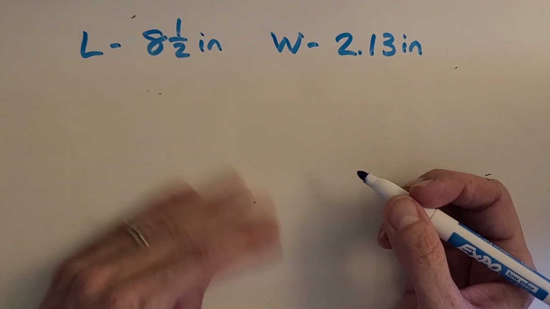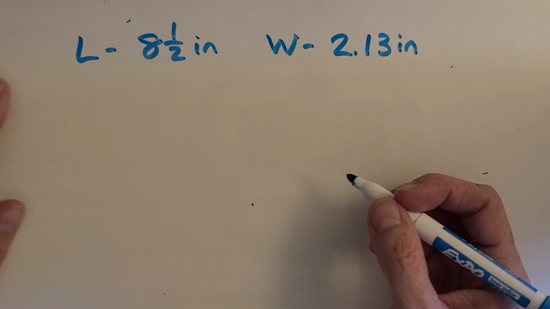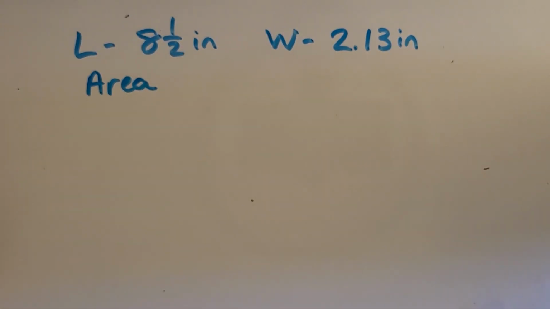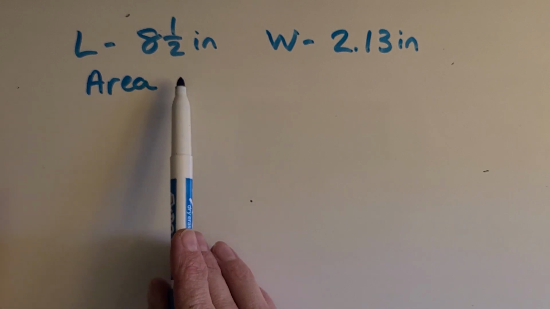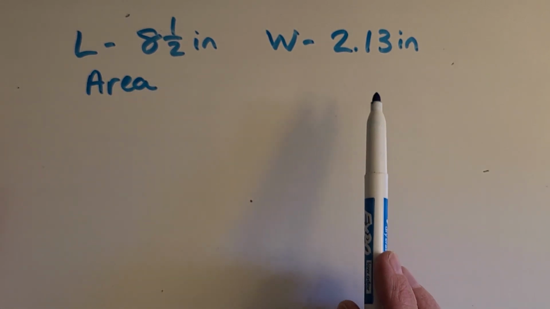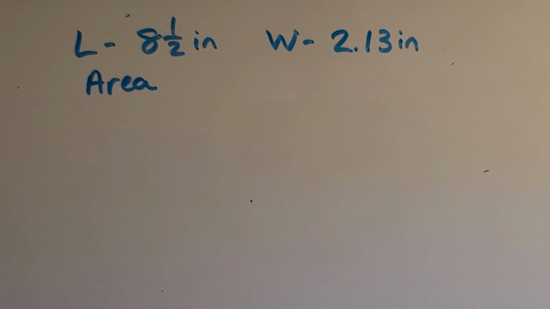So first things first, how do you find area? What does that tell you to do? Okay, awesome. Length times width. So now let's take a look at these 2 numbers. I think there's a way that we could make this a little bit easier for ourselves because we have a mixed number and a decimal number. So what do you think we should do in order to multiply these?